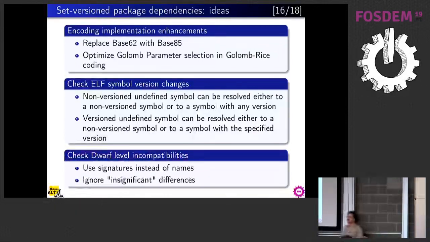Yeah, this is more or less what we have had since 2010. It's quite stable, but we have some ideas for the future. It's really a thing in progress. Now, replacing base64 with something more compact is quite easy.